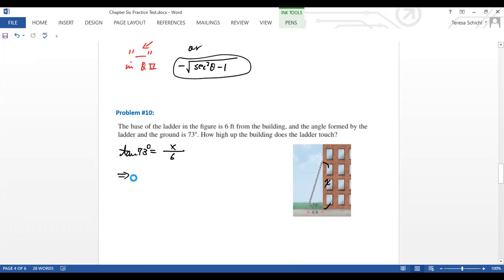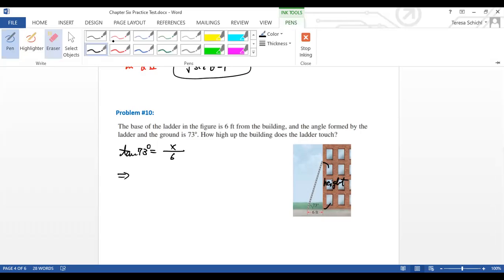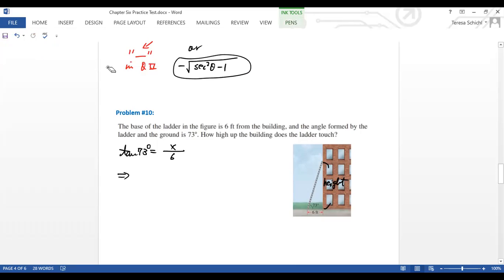So maybe instead of using x, I should use height. It's better, right? So I will say this is the height. So the height will just be 6 times tangent 73 degrees.